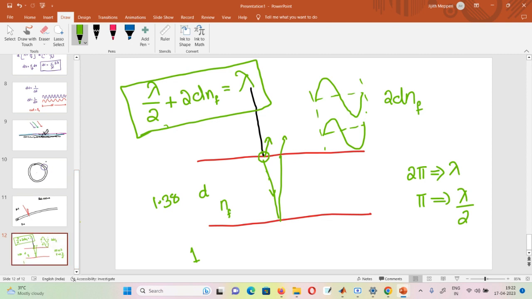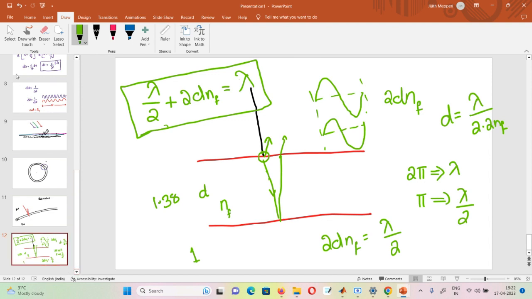Okay, so what you can do, 2dnf, you can put the lambda by 2 on the other side, so 2dnf will be equal to lambda minus lambda by 2, which becomes lambda by 2. Okay, so what you want to understand is d will be lambda by 2 into 2nf.